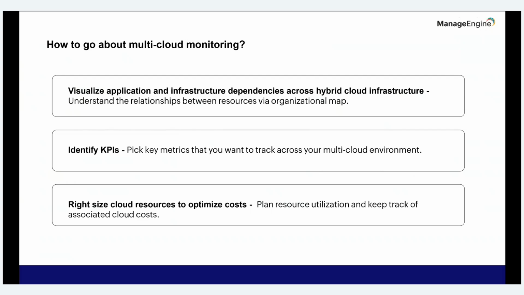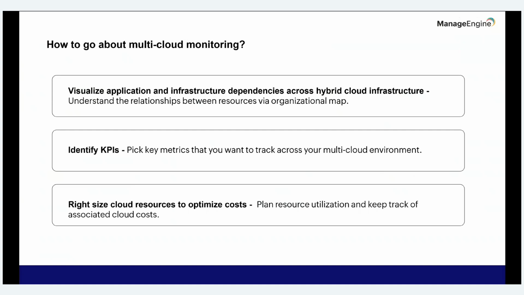We need to identify the KPIs. So the KPIs between an EC2 instance on AWS and the Azure VM will be completely different. So we can identify different KPIs, have them published on the dashboard, track them seamlessly, and have a detailed visibility across your cloud infrastructure. At the same time, we have cloud spending.